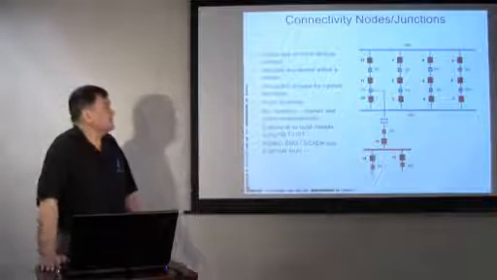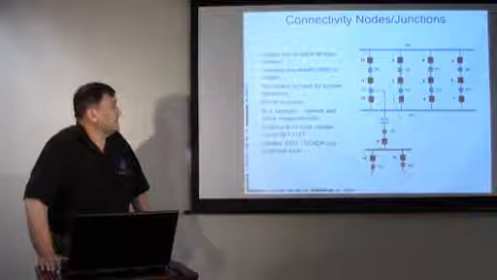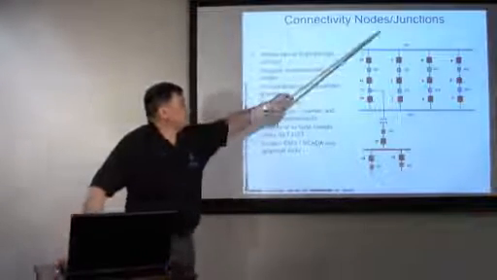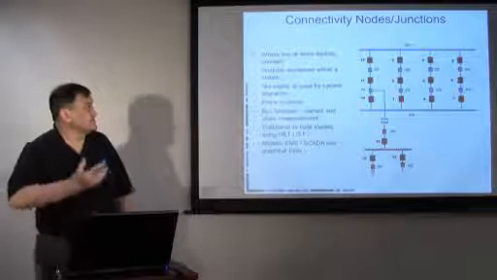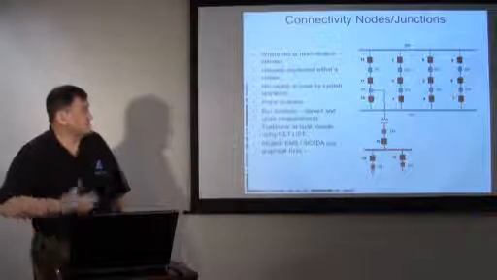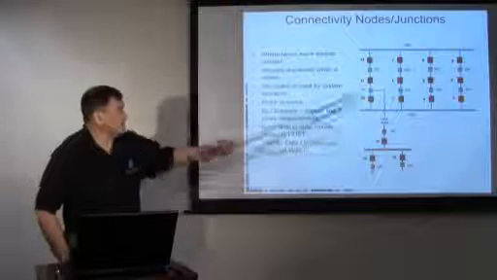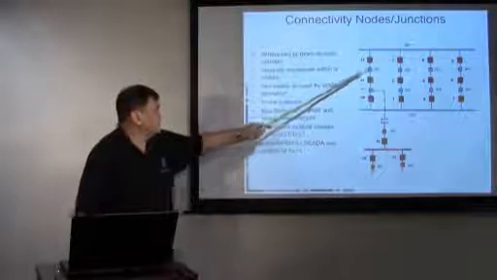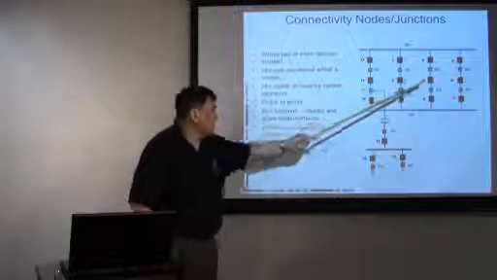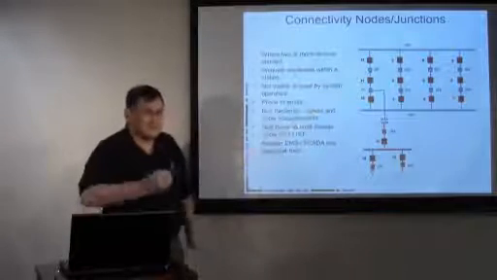So let's look at how the connectivity is defined. They have a concept called connectivity nodes or junctions, and this is where various pieces of power system equipment come together. And again, we see these little squares. The big red squares are the circuit breakers. The small squares are where things connect together.